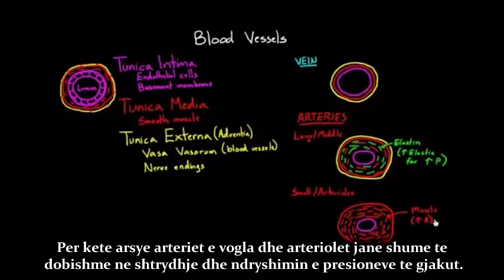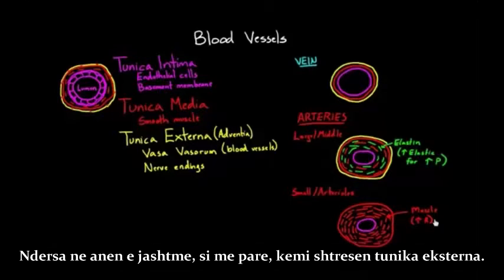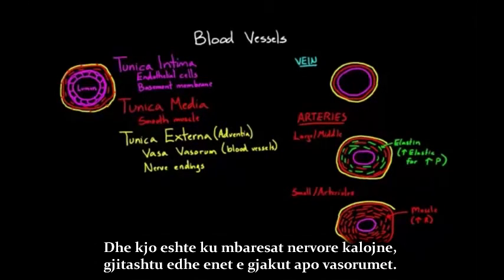So that's why the small arteries and arterioles are really helpful in squeezing down and changing blood pressures. And on the outside, as before, they have that layer of tunica externa. And this, again, is where the nerve endings go and where the blood vessels, or the vasa vasorum, go. So that's where that layer is.